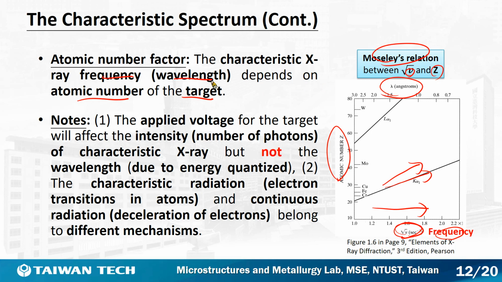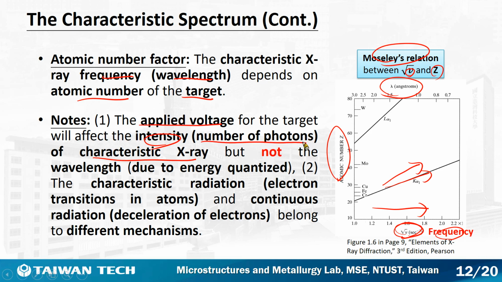And here are two notes. If we change the applied voltage, it will affect the intensity of a characteristic X-ray. Of course, because the intensity is about the number of photons.